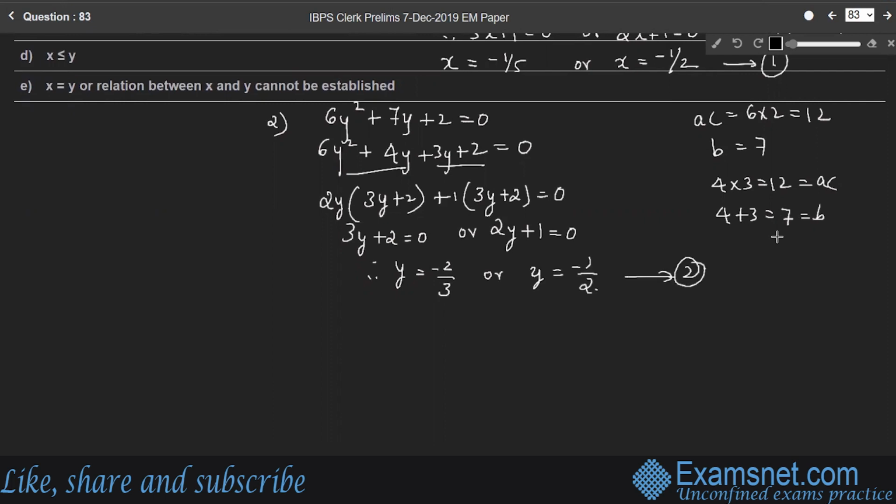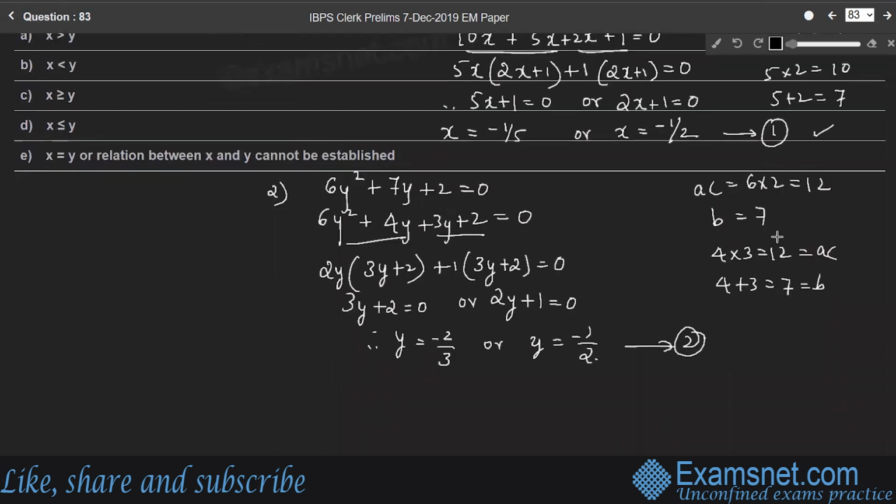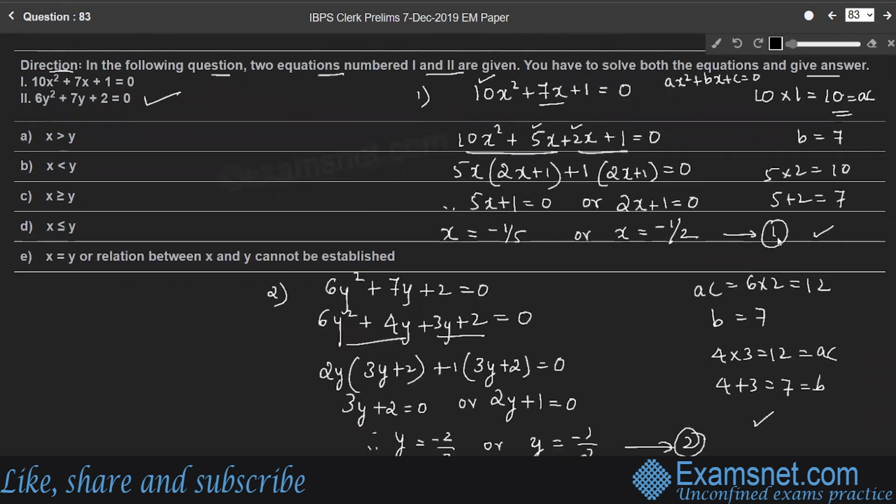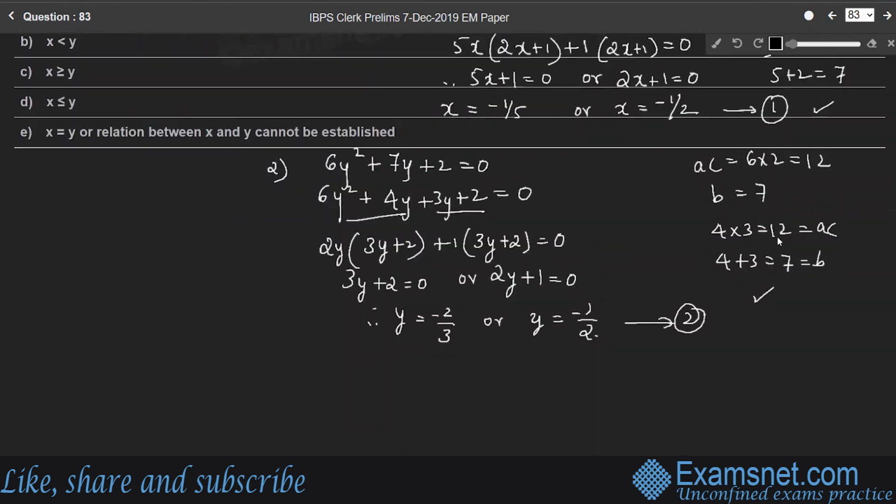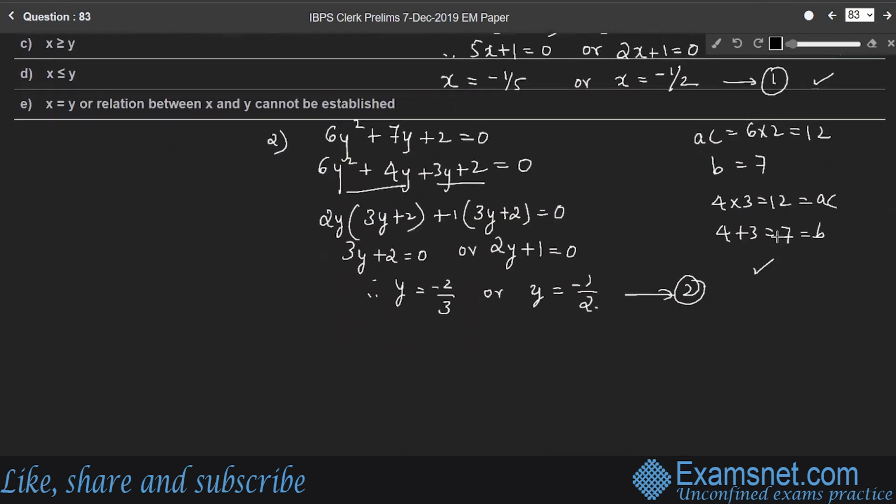Consider this as 2. Compare the values of x and y. Here I'll write the relation: x, y, and the relation. So if x is -1/5, y is -2/3.